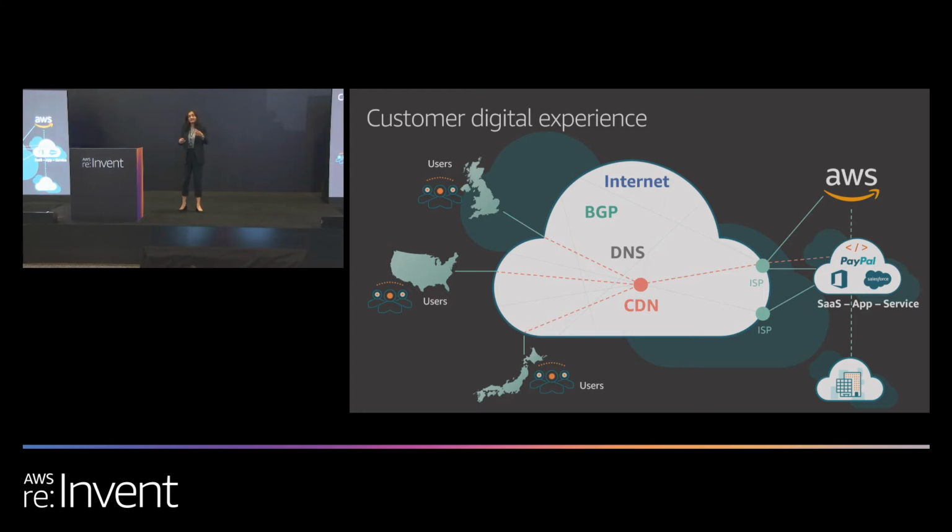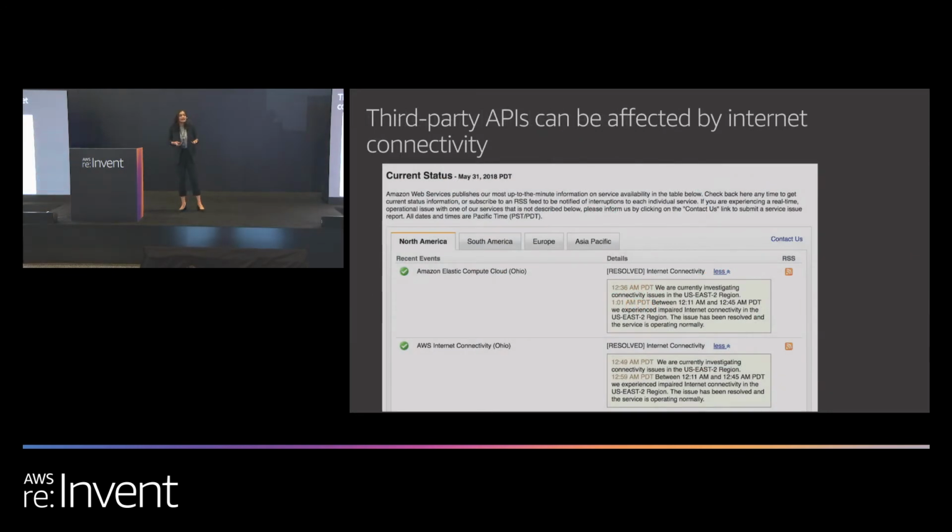So what happens if that core breaks? We've seen this in the past. A little less than a year ago, AWS was unfortunately a victim of an internet-based connectivity issue. Everything going out of US East to the data region in Ohio was unable to get past because there was a broken ISP connectivity right there. This was not AWS's fault.